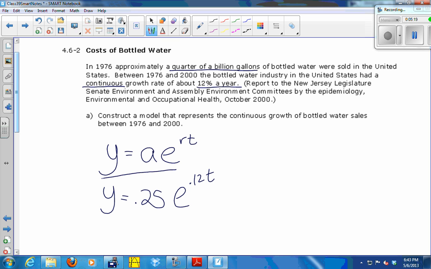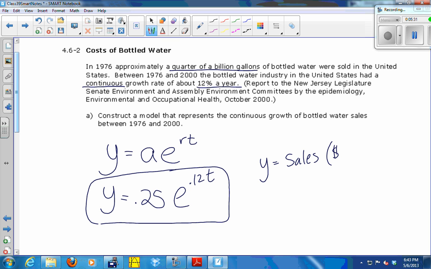This represents sales of bottled water, measured in gallons, and t is years since 1976. So does it make sense where I came up with the equation?